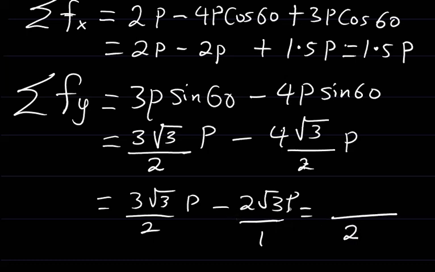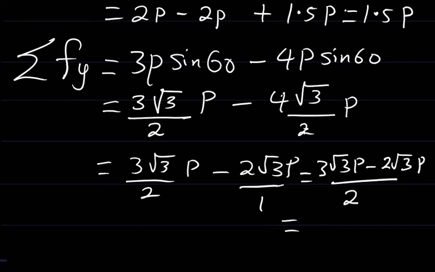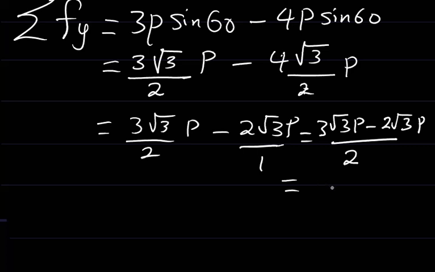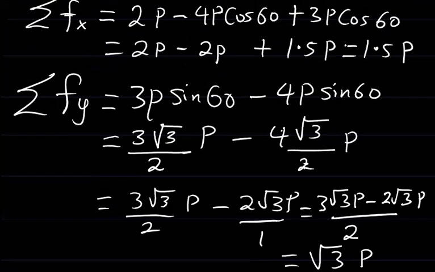Cross multiply, and this is going to be 3 root 3p, then minus 2 root 3p, please pardon me, I'm only solving this fraction. So everything's going to give me 1 root 3p all over 2. That is my vertical component.